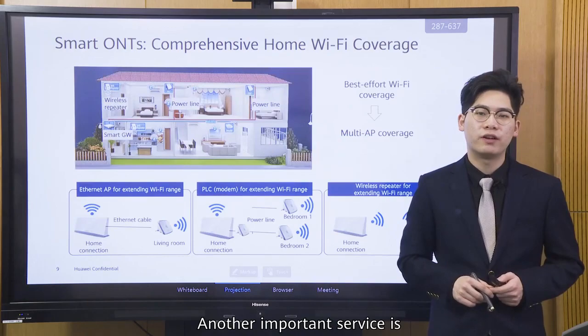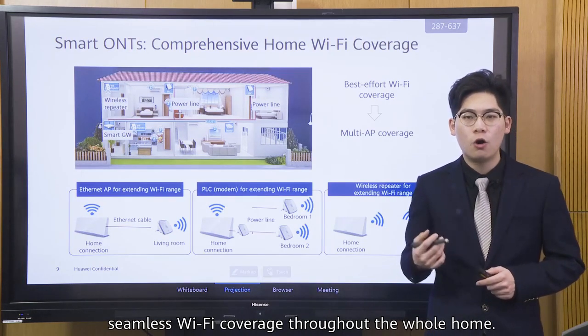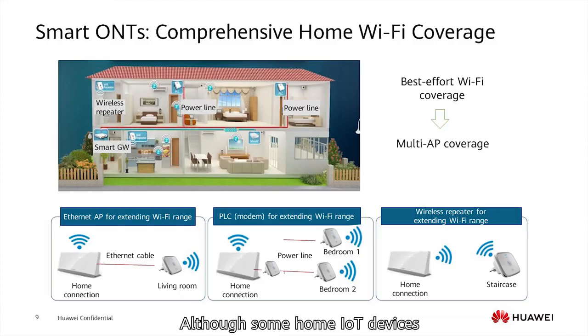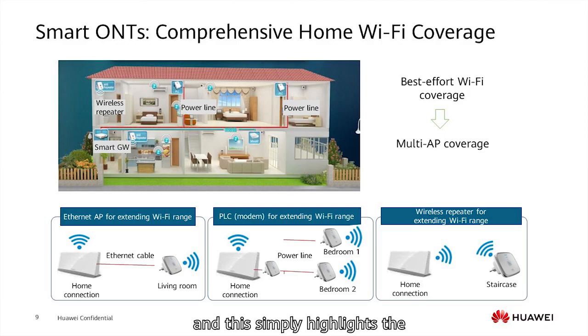Another important service is seamless Wi-Fi coverage throughout the whole home. Although some home IoT devices will use different standards and networks, 80% of them will still be connected through Wi-Fi. And this simply highlights the continued importance of Wi-Fi in the home.